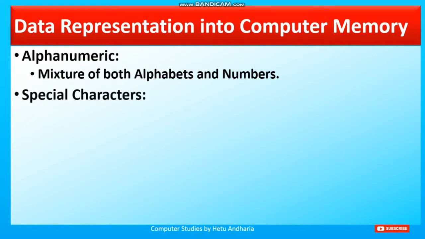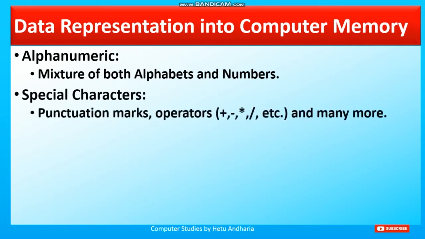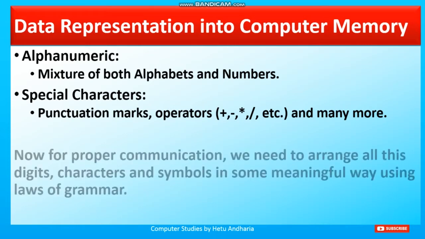Now besides alphanumeric, we have got special characters. Now what are special characters? That is punctuation marks, operators such as plus, minus, multiplication, division, etc. and many more. All the characters which are there on the keyboard and we can insert them, those are also known as special characters.